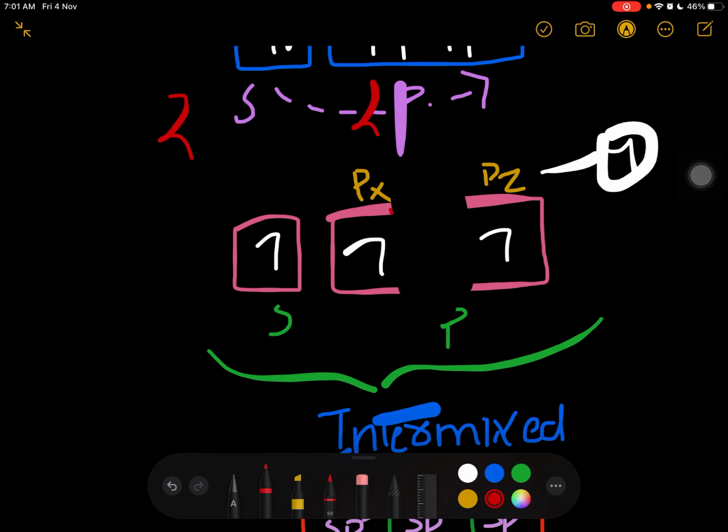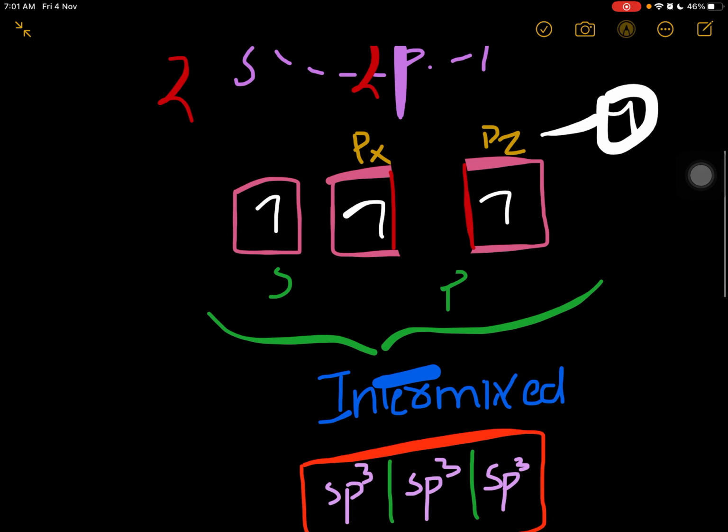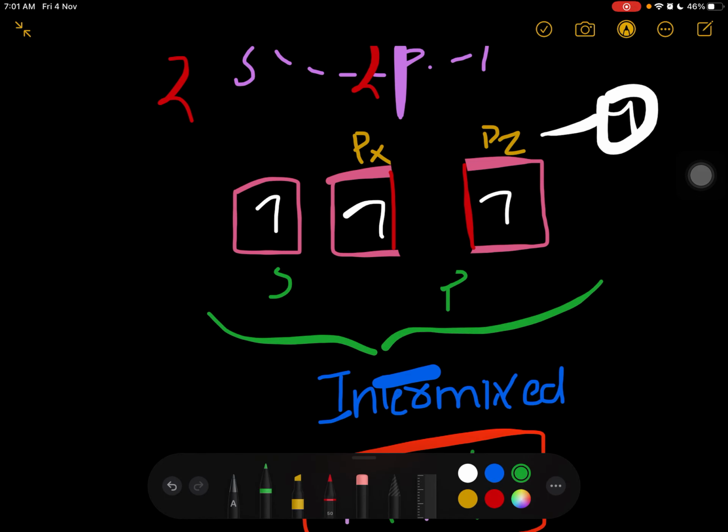So only s, px and pz will intermix and form the hybridization, which will be sp2.